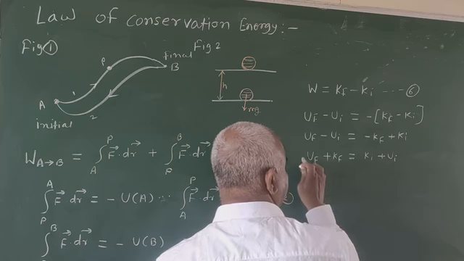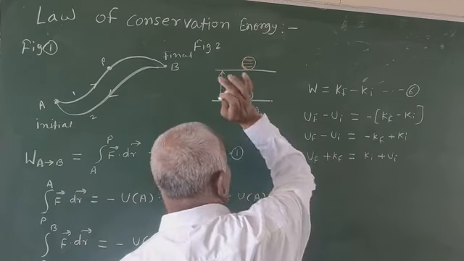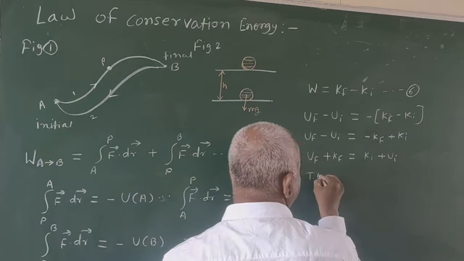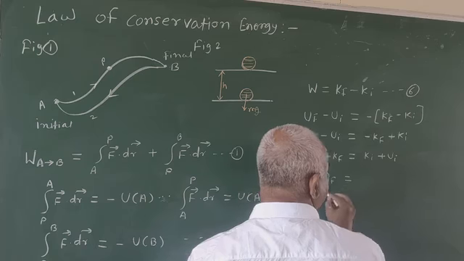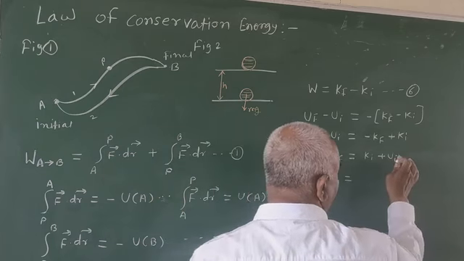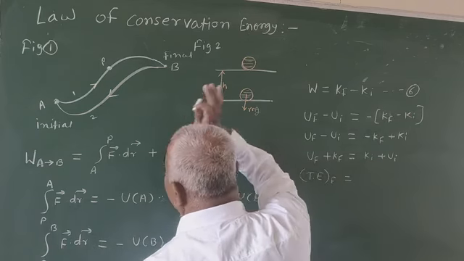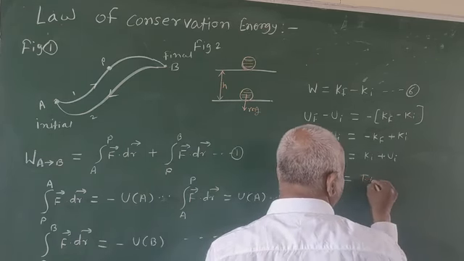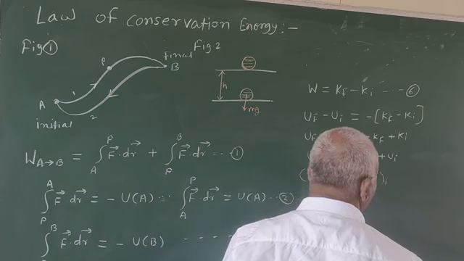Plus Kf, that is potential energy plus kinetic energy at the final position, that is total energy, which is known as mechanical energy at the final stage. That is equal to Ki plus Ui, the kinetic energy and potential energy at the initial position, that is also total energy, or mechanical energy, at the initial position.